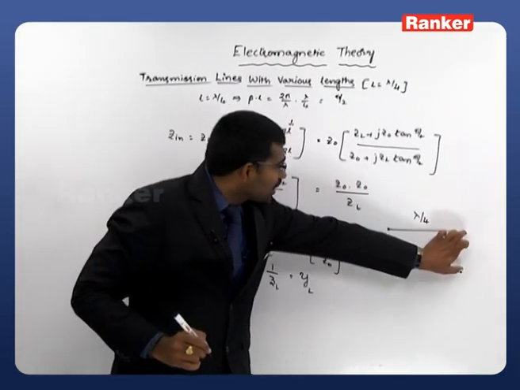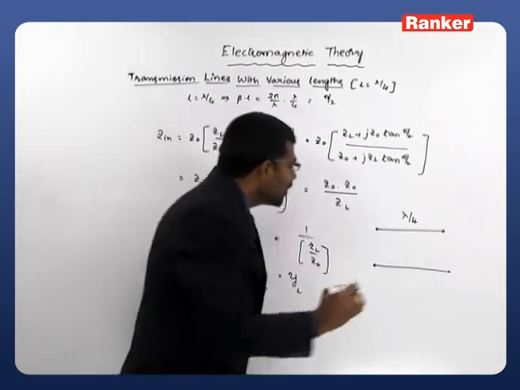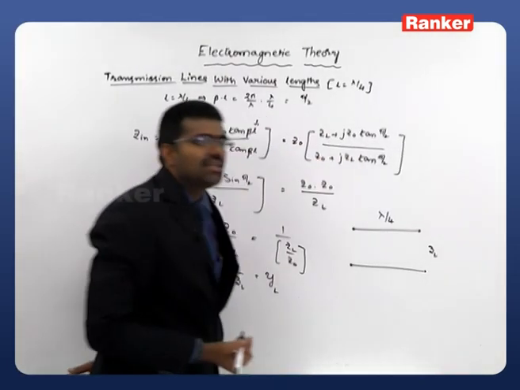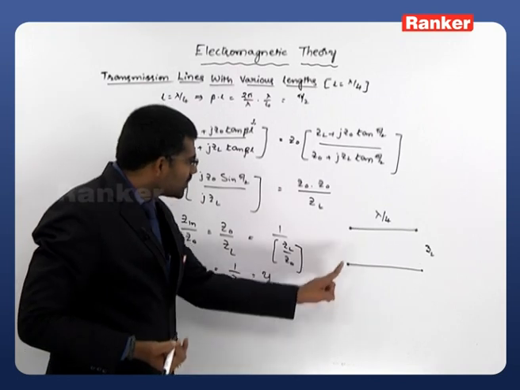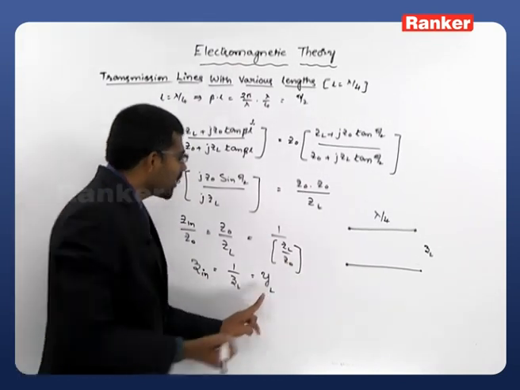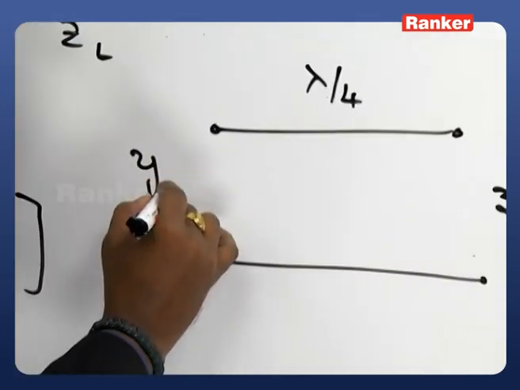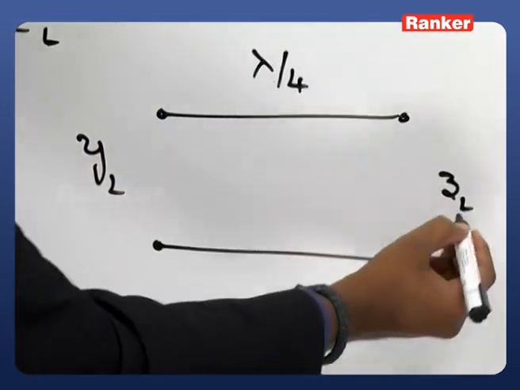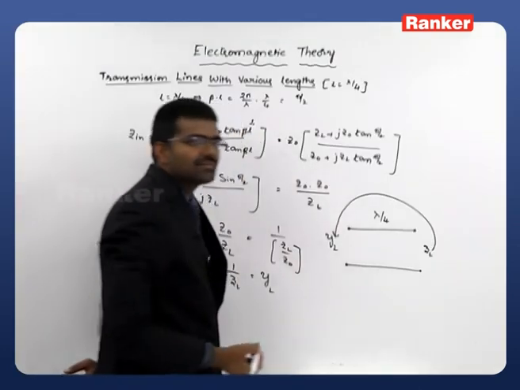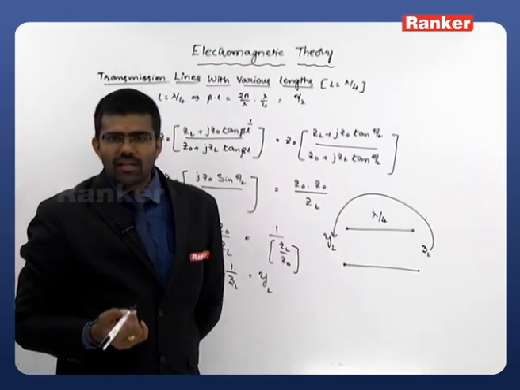I am connecting a general load here, and the normalized load impedance is zL. Now what is the input impedance of this transmission line? The input impedance of this transmission line is YL. The load was transformed as admittance for a lambda by 4 line.